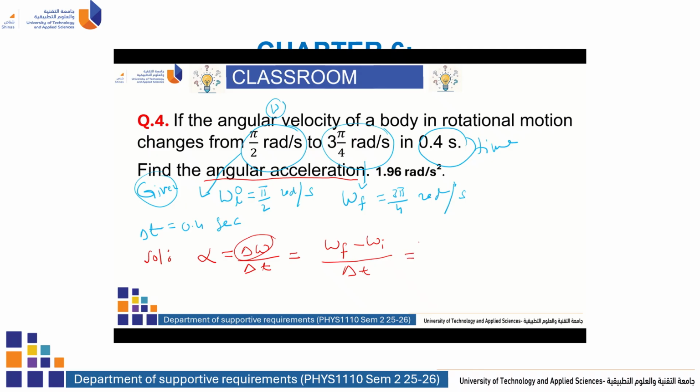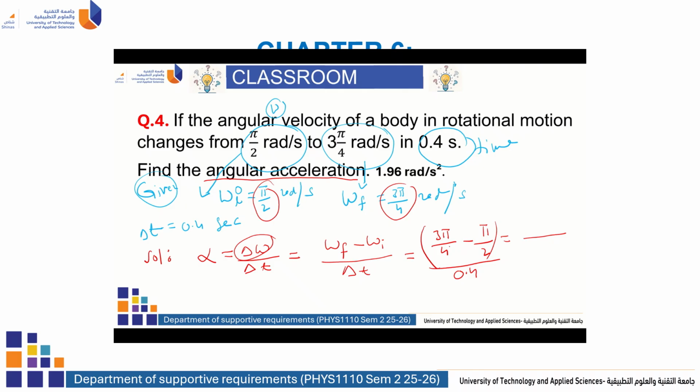So what values are given? For omega f, I'm writing 3 pi by 4, then minus, and omega i is pi by 2, and then divide by 0.4 second. There are many ways to solve this bracket.